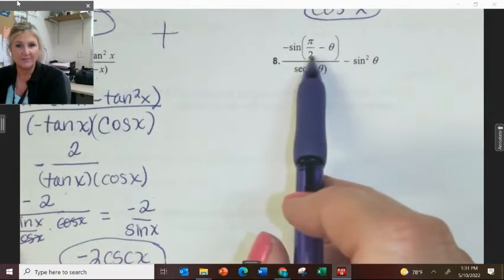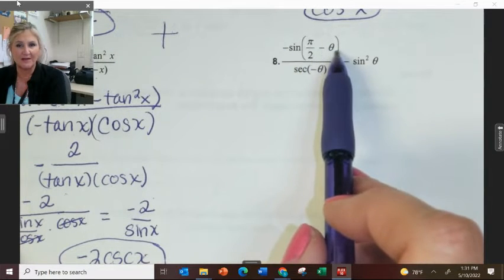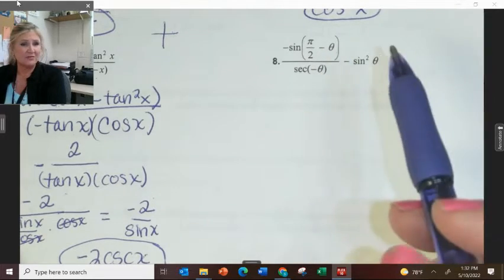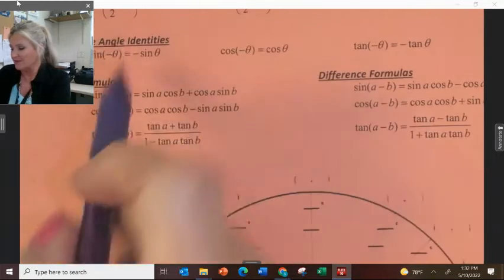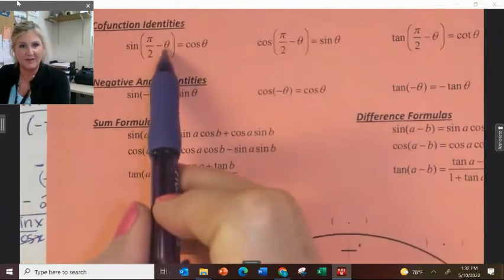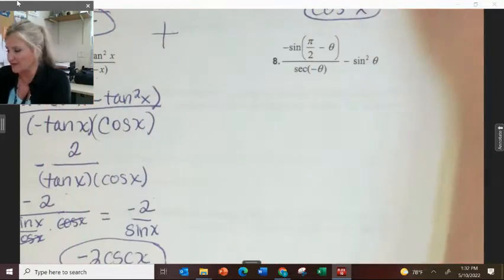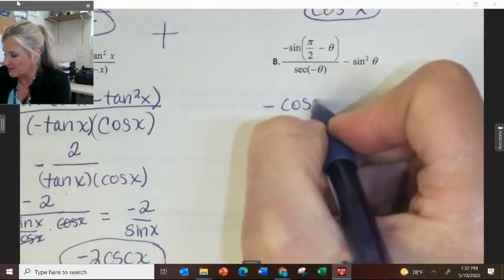Let's try number 8. All right, negative sine of pi over 2 minus theta. Maybe you know this now, maybe you don't. If you don't, you look at your paper. The sine of pi over 2 minus theta is the same thing as what? Cosine theta. The negative's going to stay, so I'm going to have negative cosine theta.